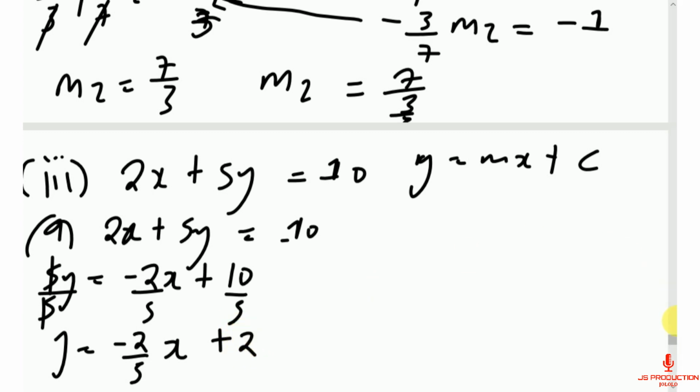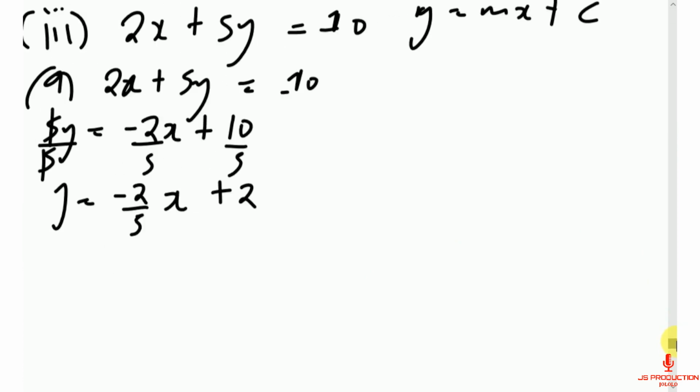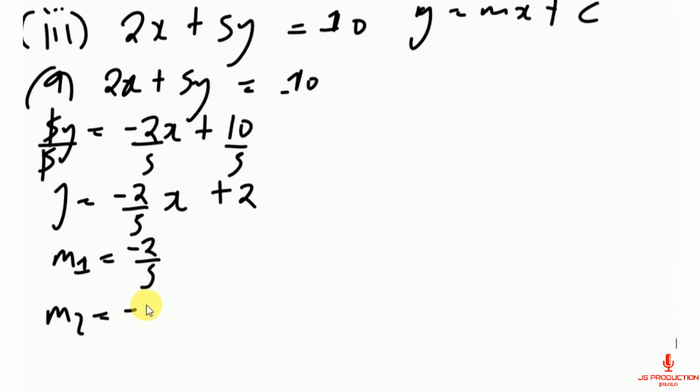And since we know now that the gradient of this equation, our m1, is negative 2 over 5, that means the gradient of the parallel line to this line, our m2, will be equal to negative 2 over 5. As simple as that.